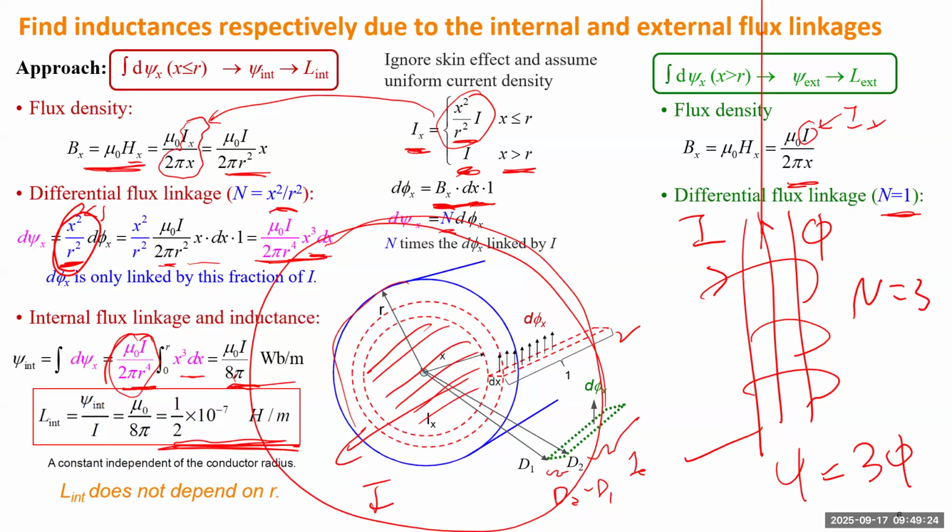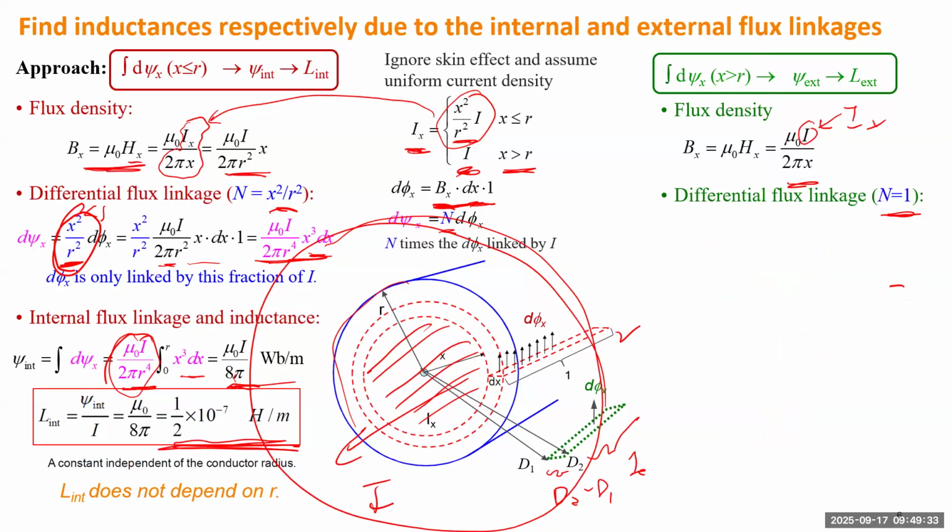Okay, so in our case, we have just a single line, which is similar to a single current. There are no many turns, right?